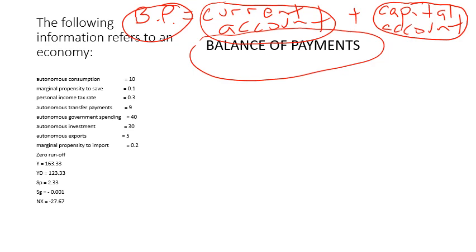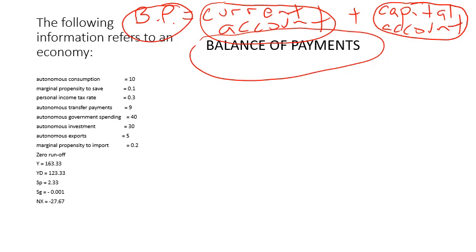Okay? So the balance of payments is a country's record of international transactions, and it's made up of two accounts: the current account and the capital account. The current account is primarily exports and imports of goods and services, and the capital account involves international transactions dealing with financial assets, shares, bonds, derivatives, you name it.